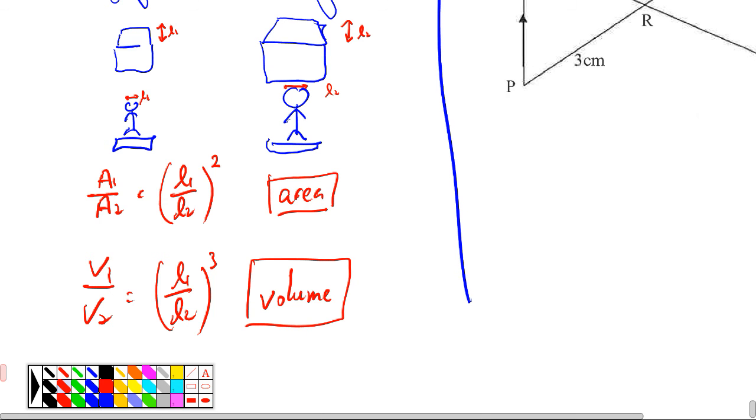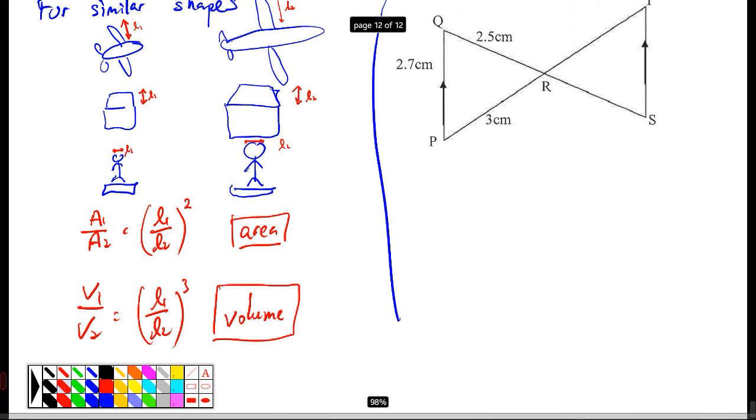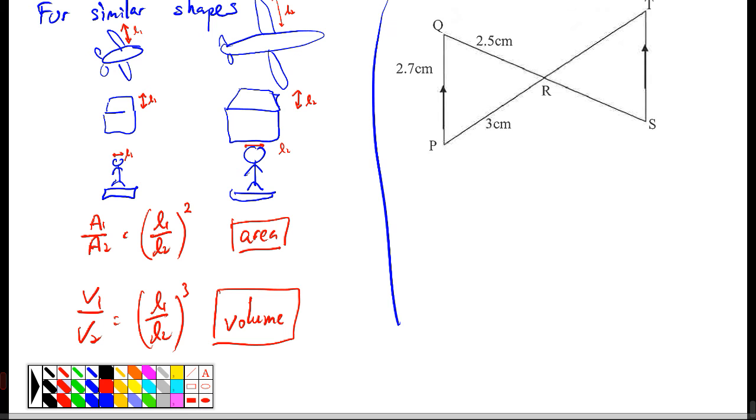That's volume. How do I use this formula? If I say the area of the wing over the big surface area, it is equal to the length of the wing over the length of the big wing, whole thing squared. Can follow? Same for volume.